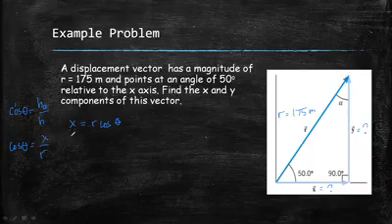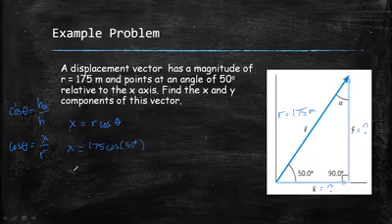Now, let's substitute the values of r and theta. We have x is equal to r, which is 175 meters, times cosine 50 degrees.